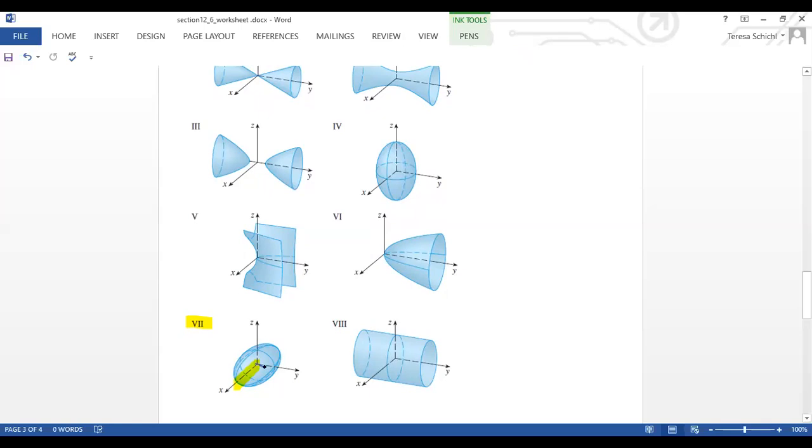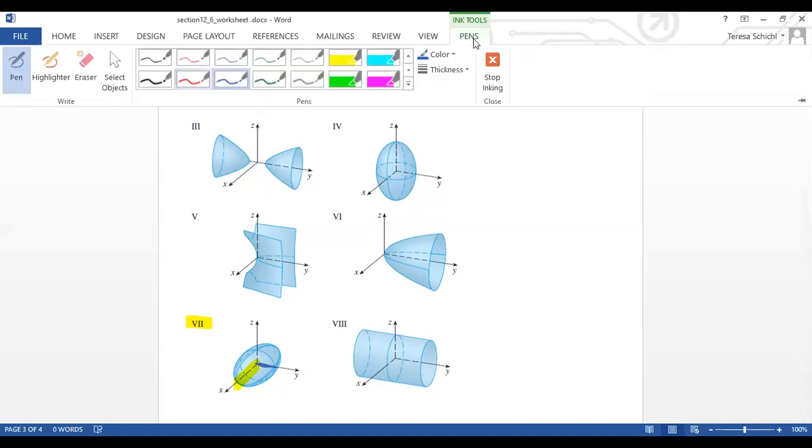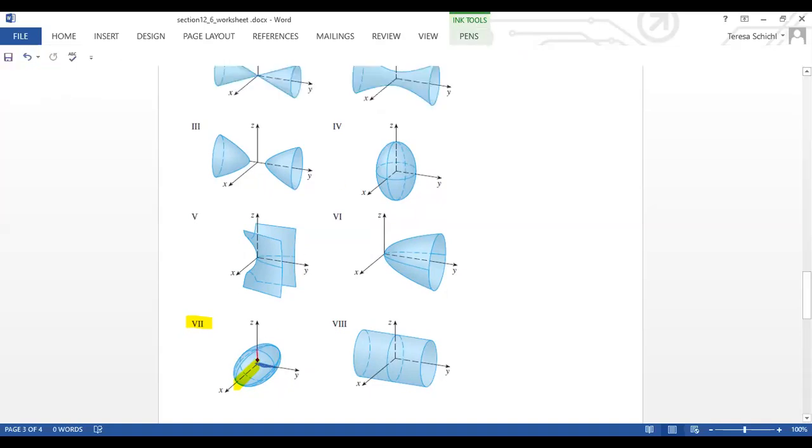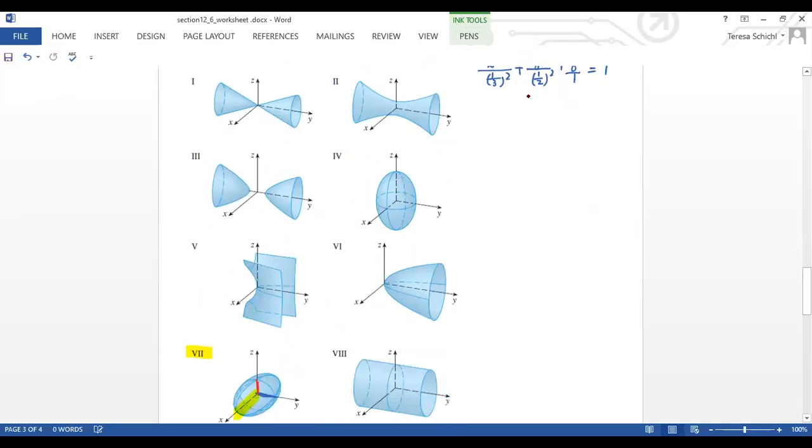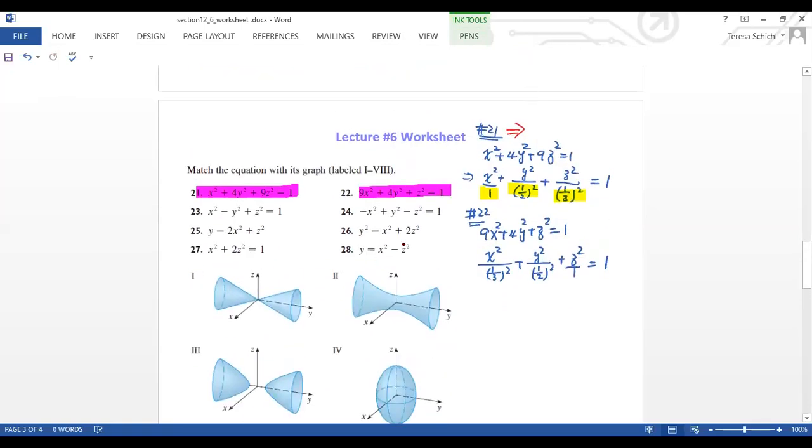And z is 1/3, so 1/2 has to be a little bit bigger than 1/3. So I know for 21, it matches number 7 here.